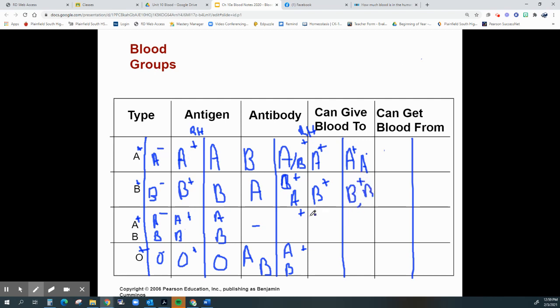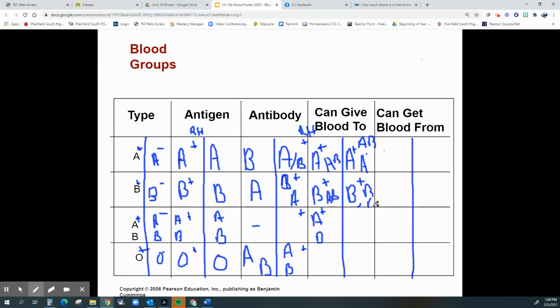All right. People who are AB positive can only give to AB positive. I apologize. These individuals can also give to AB. These individuals can give to AB. This individual can give to AB.